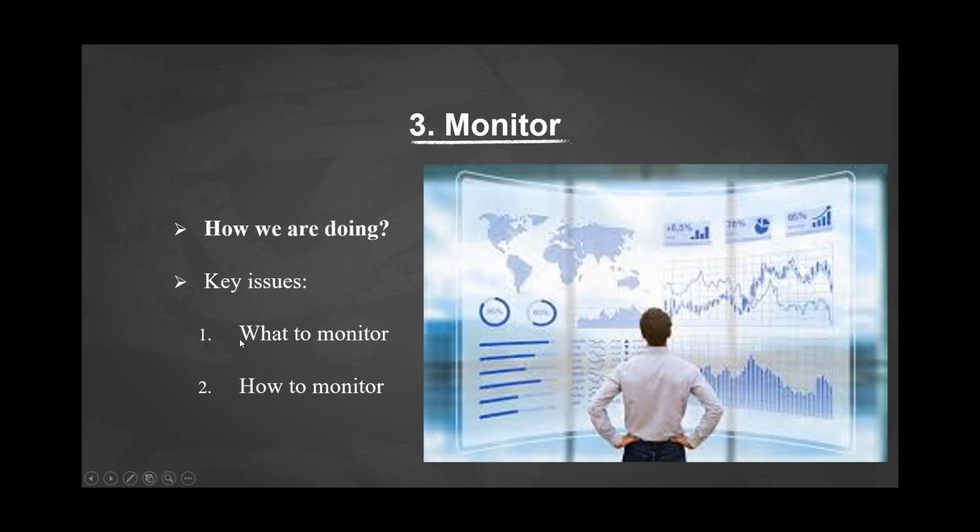Now, what to monitor is usually defined by the critical success factors and the goals or targets established in the strategic planning process.